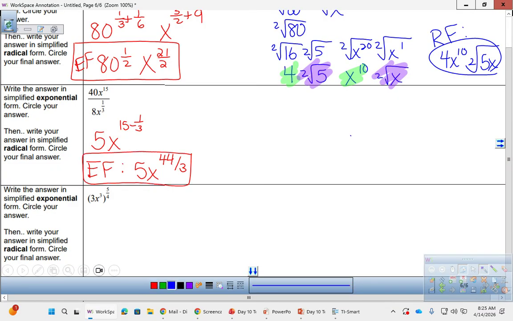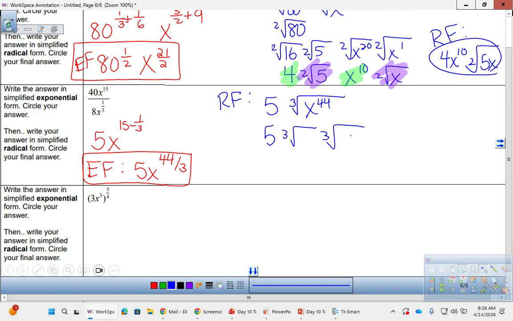Because exponential form has a fraction and that fraction is an exponent, now we can do radical form. The exponent only belongs to the x, so that 5 is just going to hang out in front. It just kind of carries on the whole time. What multiple of 3 is my highest?